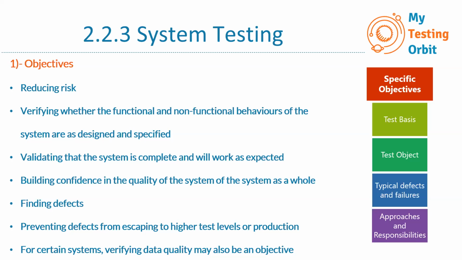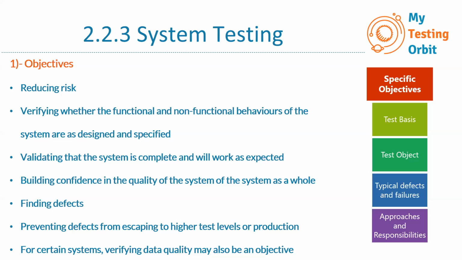Though component and integration testing would have reduced the risk as well, because we have done thorough testing of components and also integration testing, what kind of risk can be there in system testing if we have covered everything?